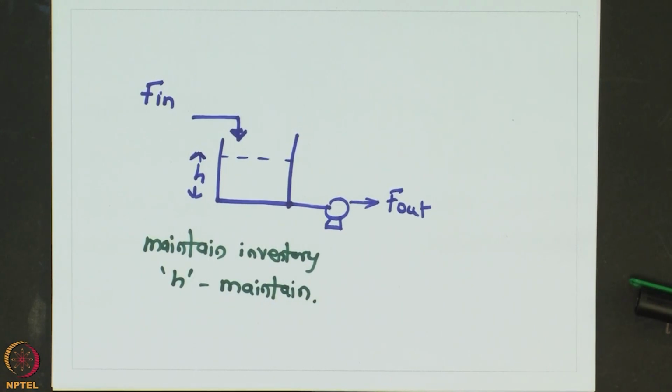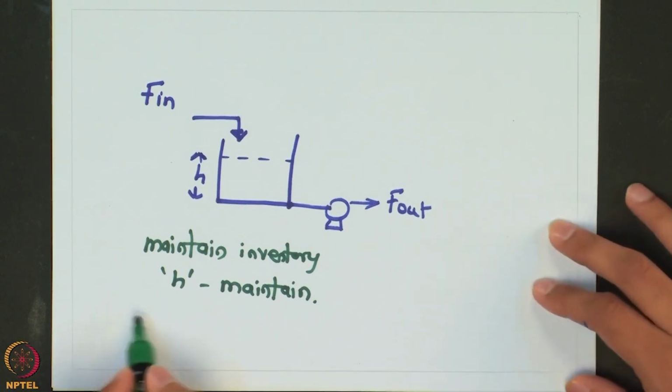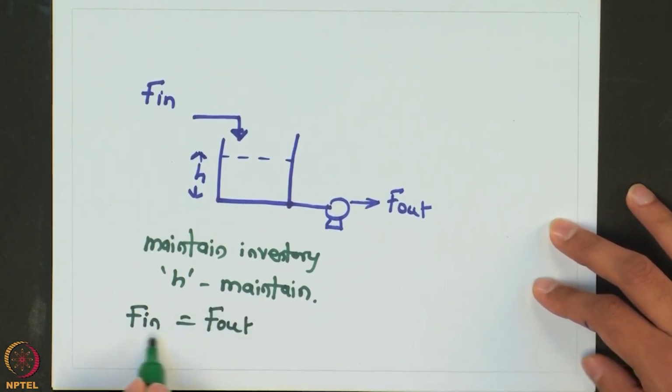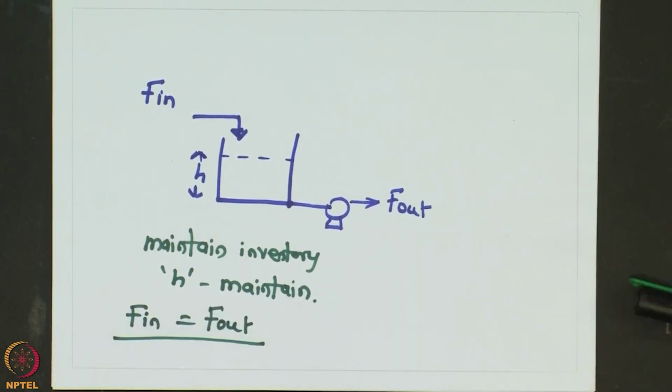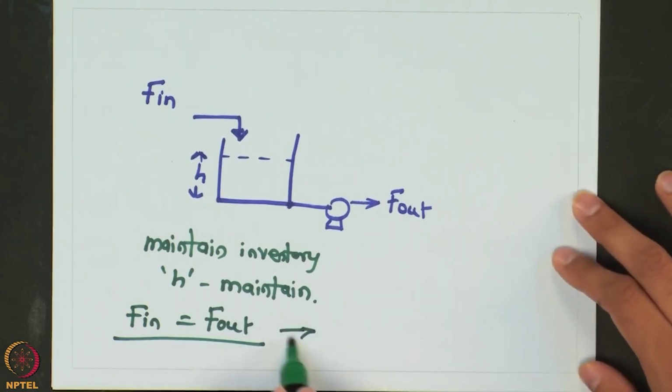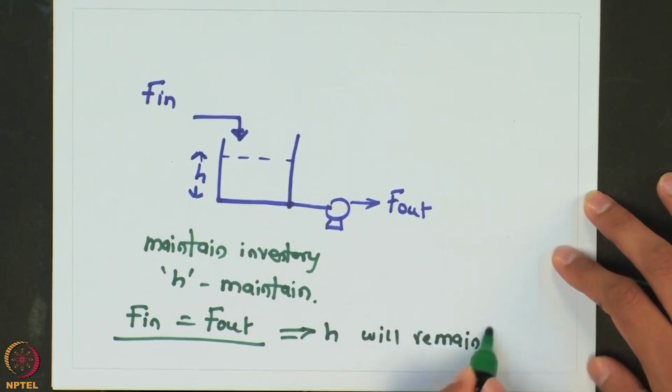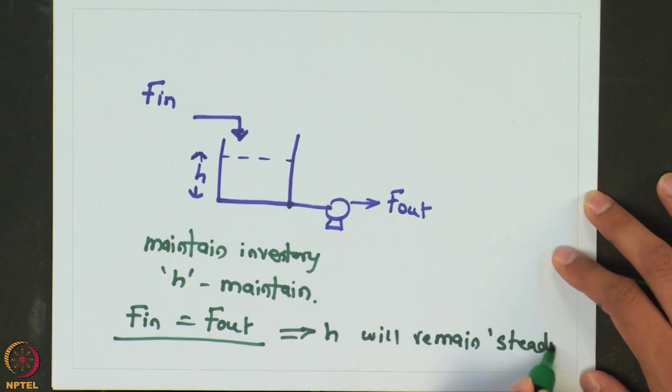And from your basic material balance, you can know that as long as I maintain F in equal to F out, your height will be maintained, which we also call steady.